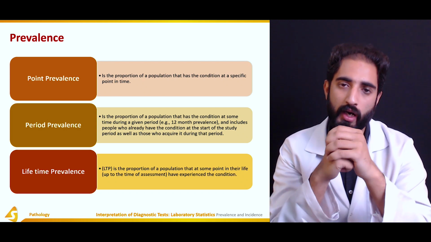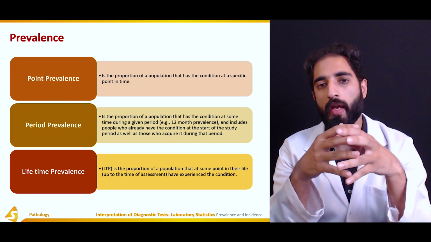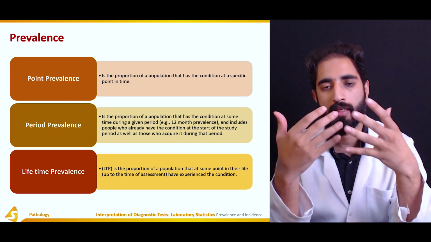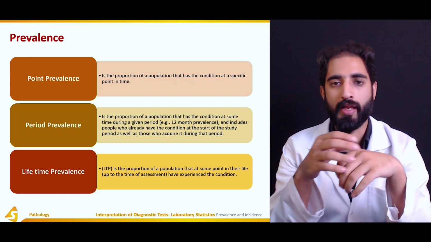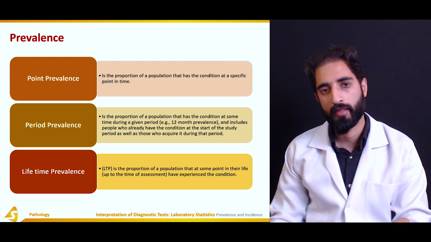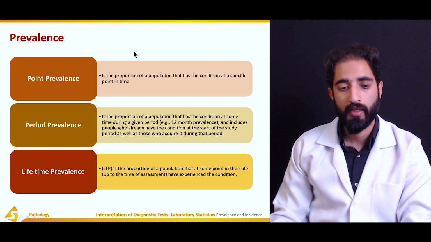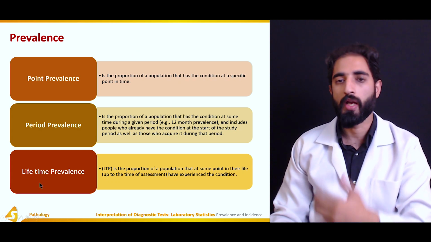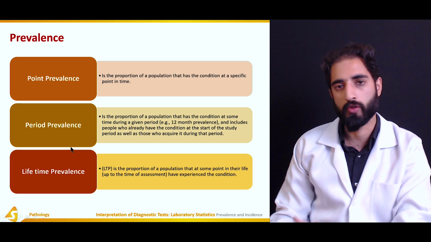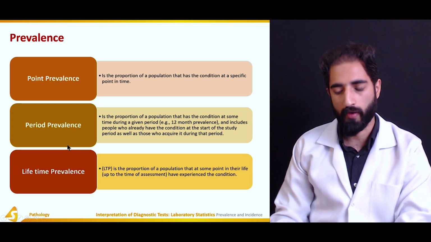For that, I would be asking, did you have neck pain at any time in your life? Then that would be calculating lifetime prevalence. And as obvious, the lifetime prevalence would be higher as compared to period prevalence, which would be higher as compared to point prevalence.